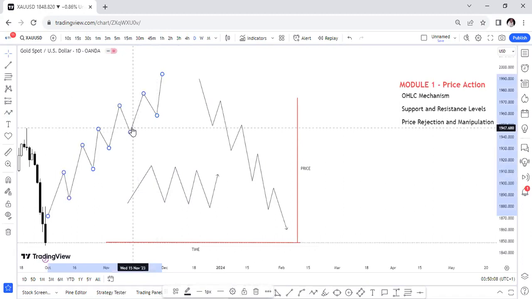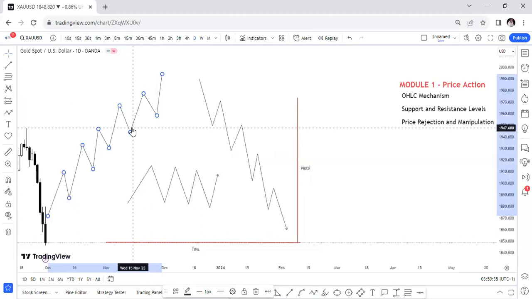Price action follows the principle of market price moving up, moving down, or sideways.